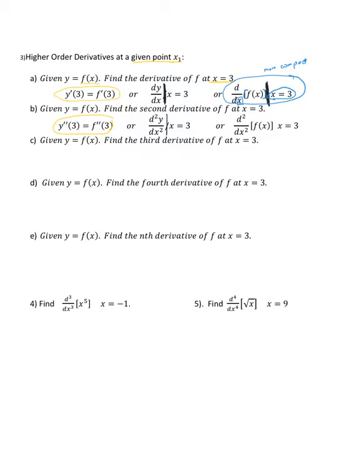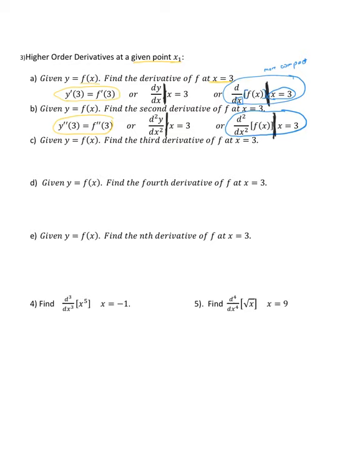I couldn't make the vertical bar on my computer, at x equals 3. So this means the second derivative of y with respect to x at x equals 3. So we first find the second derivative, and then we substitute 3. In a similar way, we could write it this way: d superscript 2 of f of x over dx superscript 2, and with a vertical bar at x equals 3.